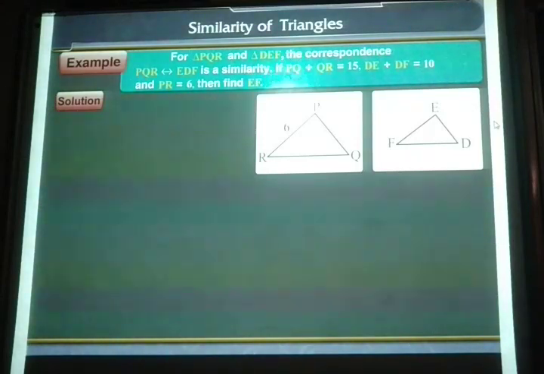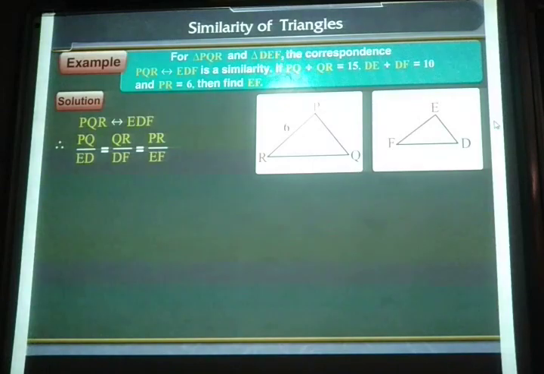There is a correspondence between PQR and EDF. Therefore, PQ upon ED is equal to QR upon DF is equal to PR upon EF.